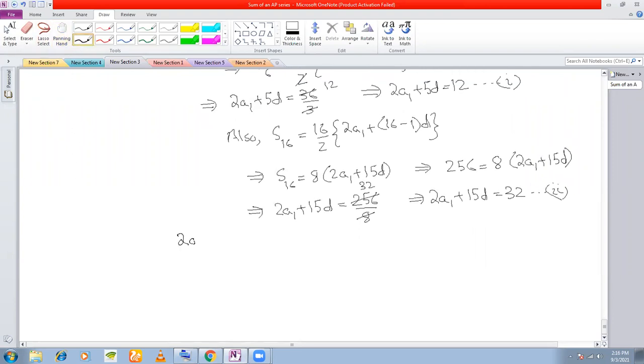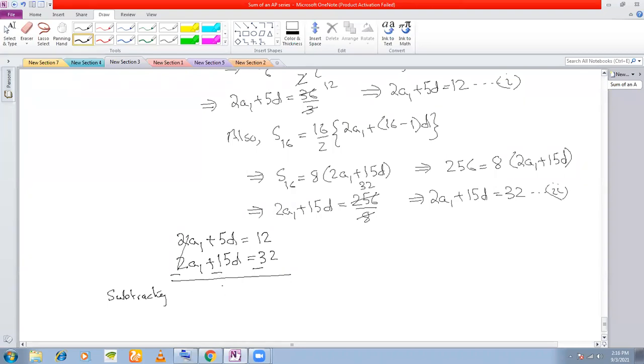So you can subtract the two equations because the coefficient of A1 is 2 for both the equations. Subtract, this cancels.